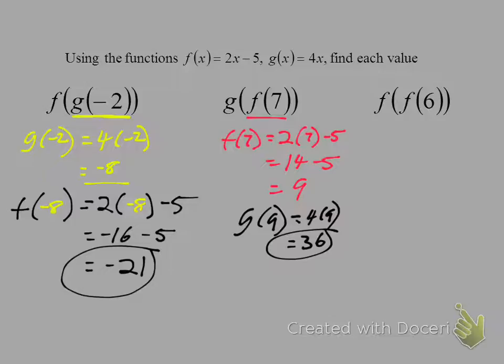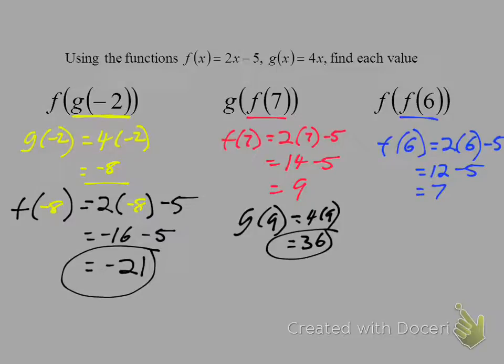Last one, f of f of 6. Same way, inside out. Do f of 6, which is 2 times 6 minus 5. 2 times 6 is 12. 12 minus 5 gives you 7.